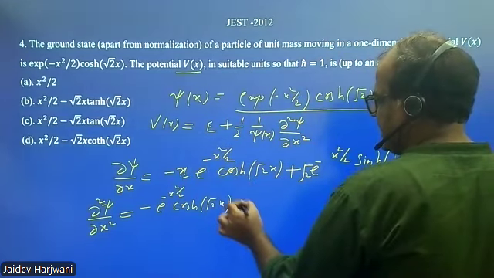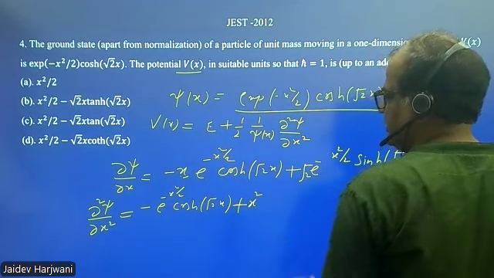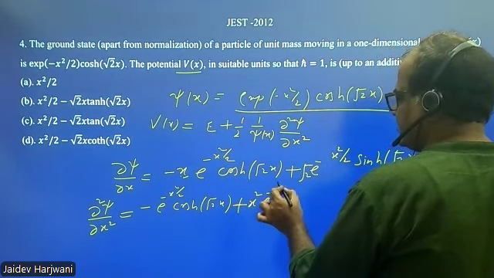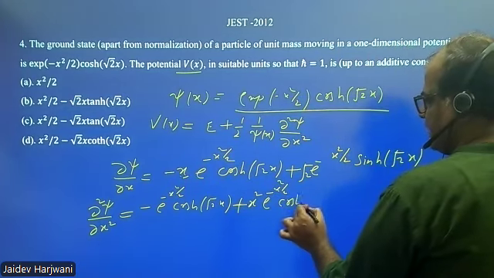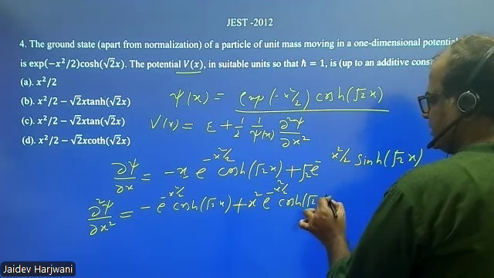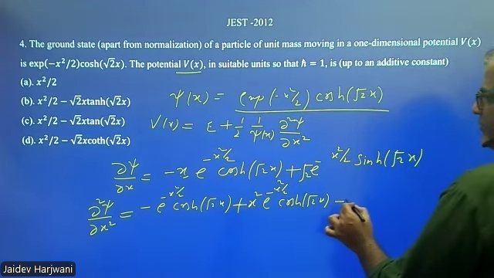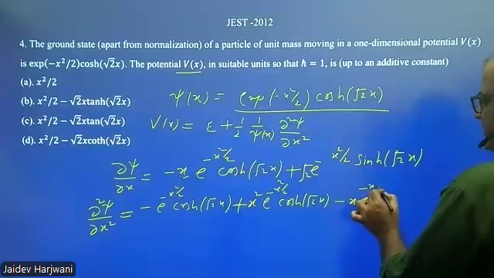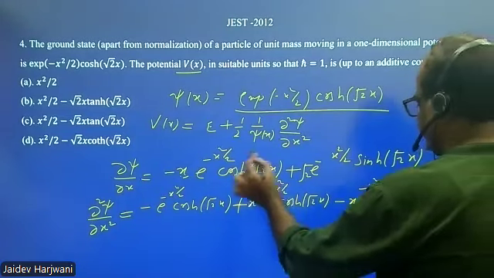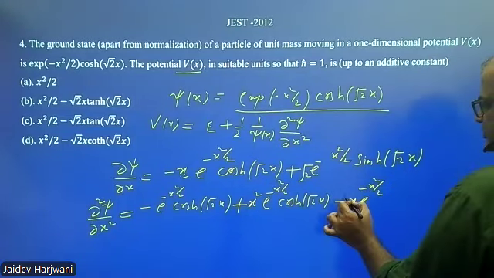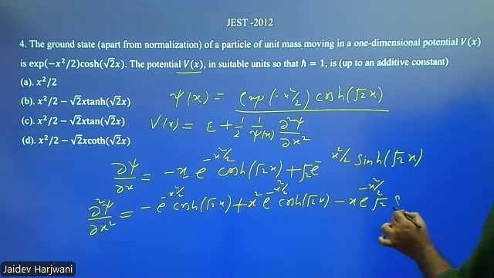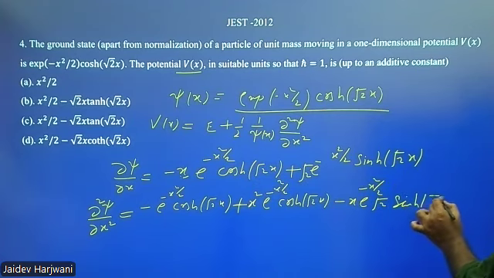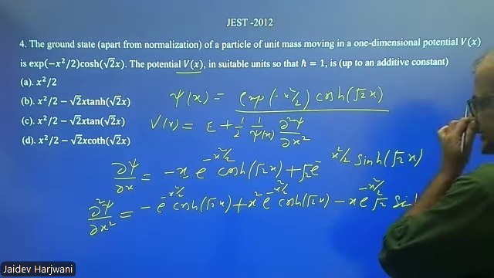So minus x times minus x will become plus x square, e power minus x square by 2, and here you will have cos hyperbolic root 2x as it is. Again minus x e power minus x square by 2. If I differentiate this one, root 2 will come here, and then you have sine hyperbolic root 2x.